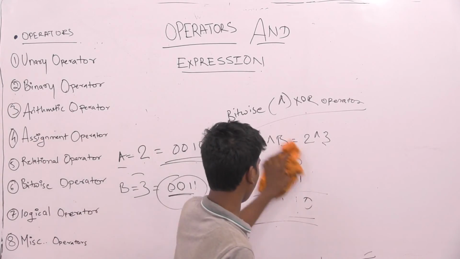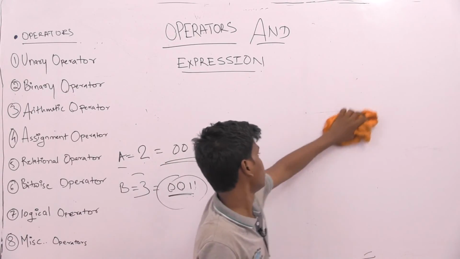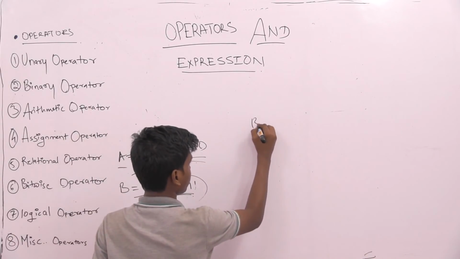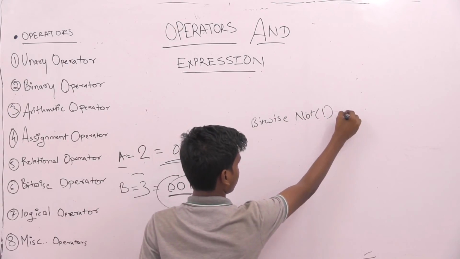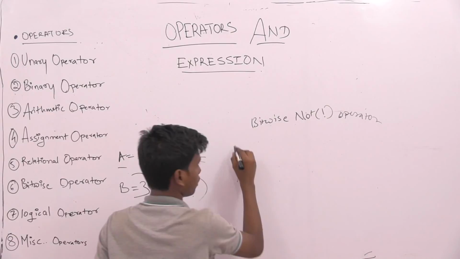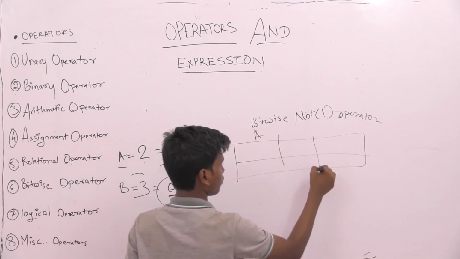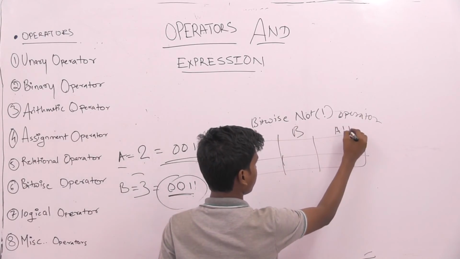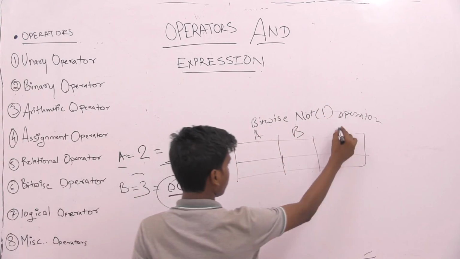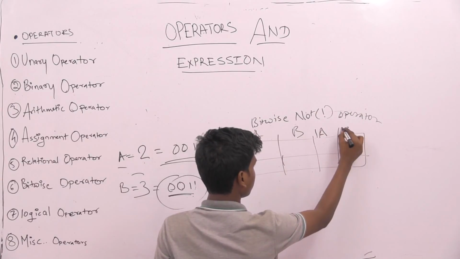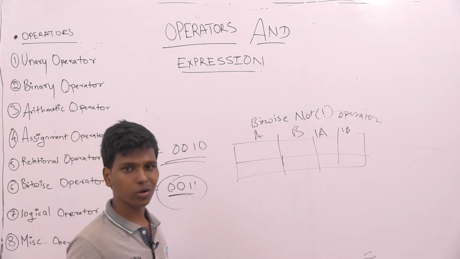NOT operator का टेबल सिमिलर ही होगा जैसे कि फॉर बिटवाइज NOT operator. तो बिटवाइज नॉट ऑपरेटर का मतलब बुलियन वैल्यू का अपोजिट वैल्यू देना है.